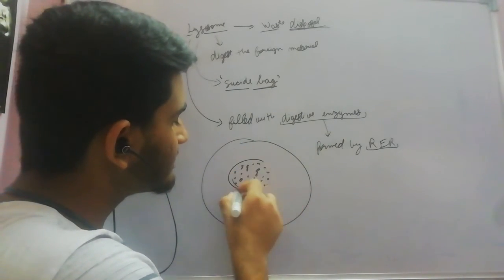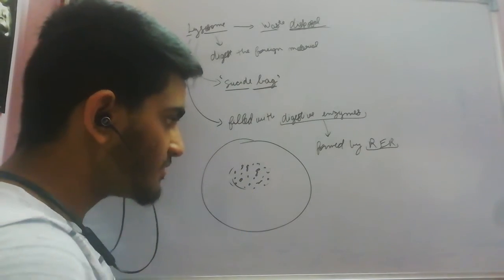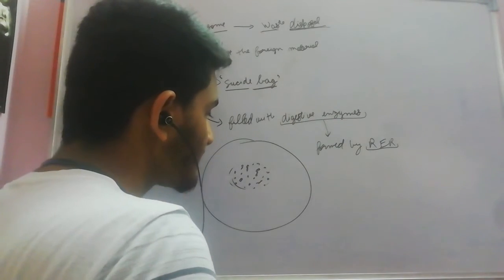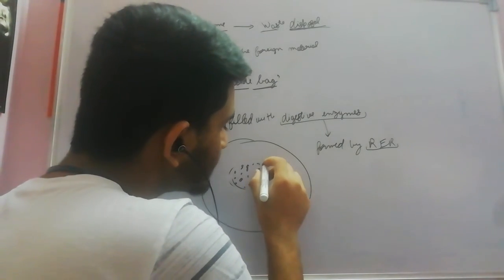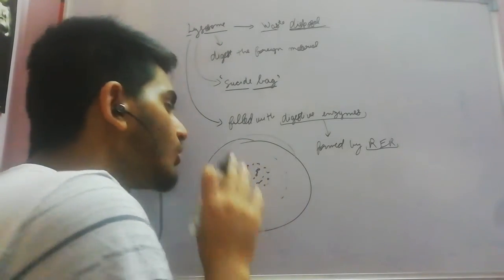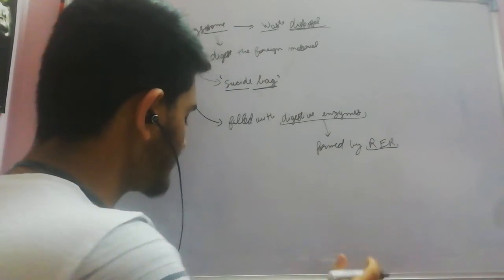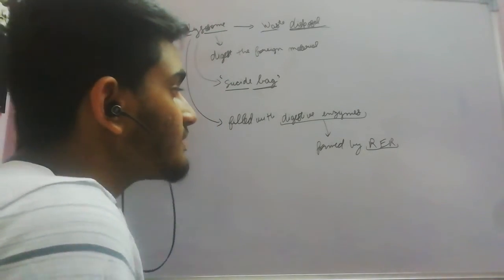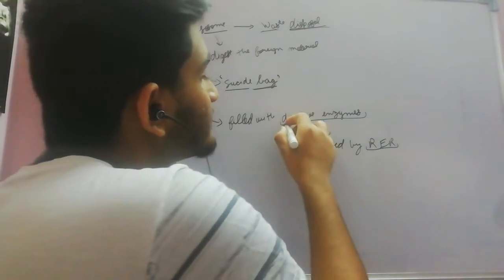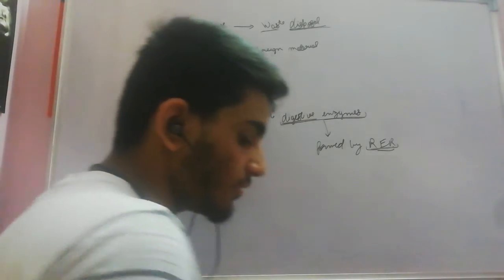This is the cell, this is the lysosome, and the lysosome is damaged, and these digestive enzymes will roam freely in the cell and digest every part of the cell. After digesting all the content of the cell, they will digest the whole cell, and then the cell dies. These are very strong digestive enzymes, and they are formed by the RER, that is the rough endoplasmic reticulum.